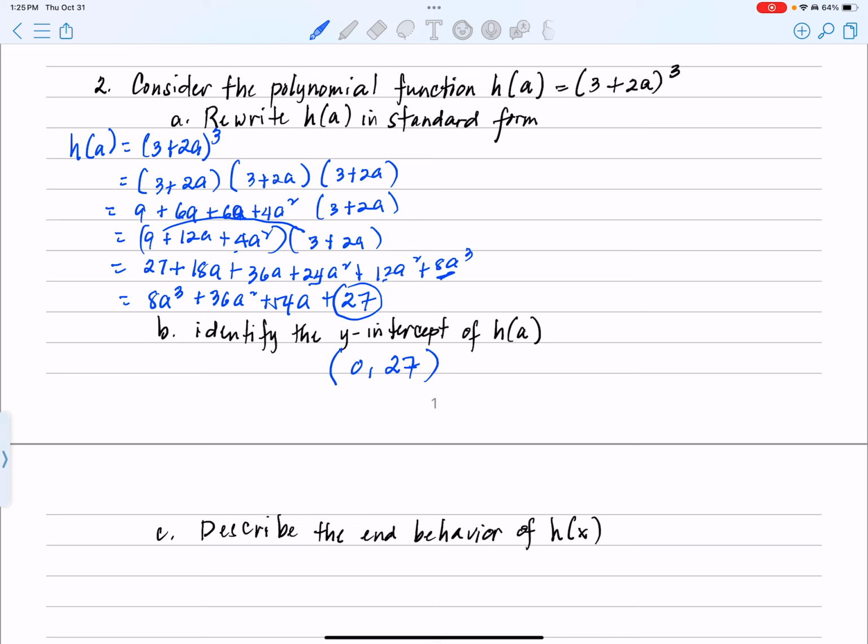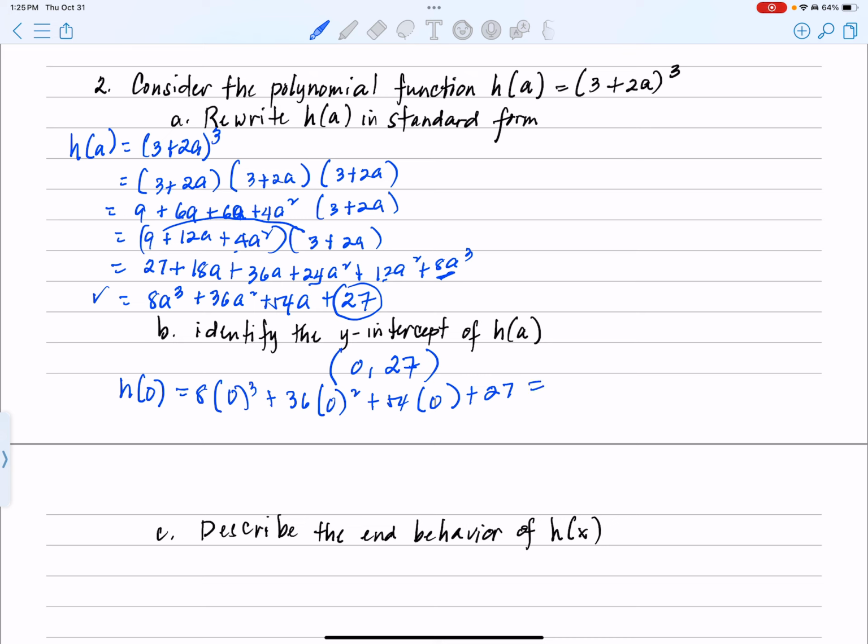So if we are going to check by substituting the value of the variable in this polynomial, we say 8 times 0 cubed plus 36 times 0 squared plus 54 times 0 plus 27.